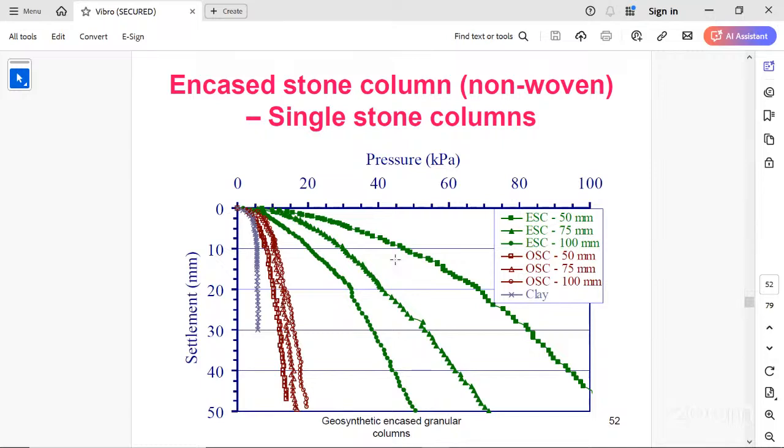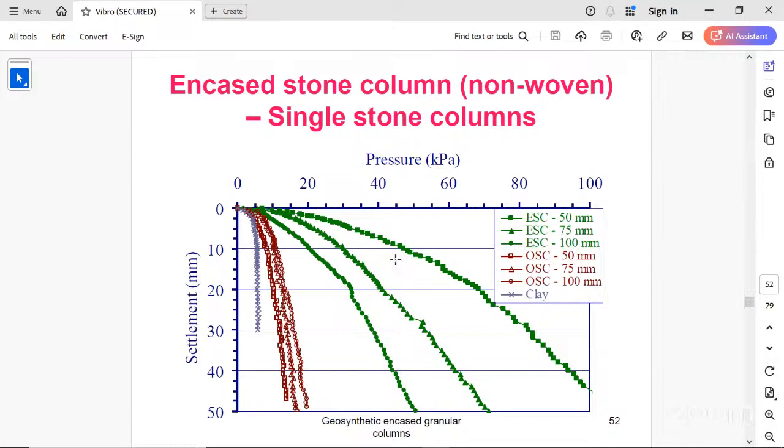In this type of wave propagation analysis, your strains are very, very small, maybe of the order of 0.1% to 0.5% strain. But when it comes to soft clays, your strains are very large, 5%, 10%.